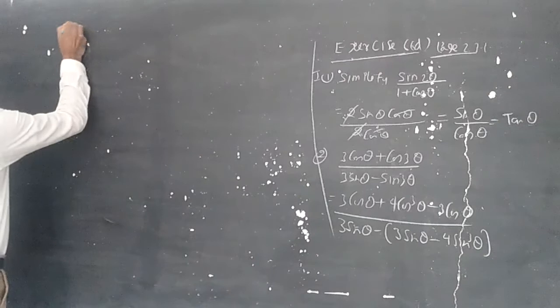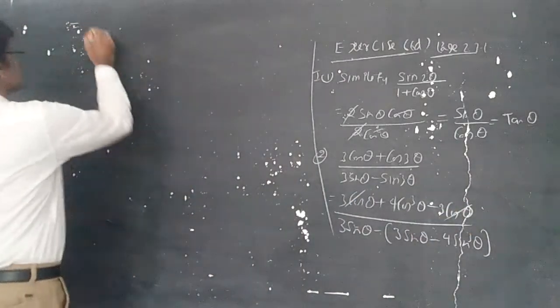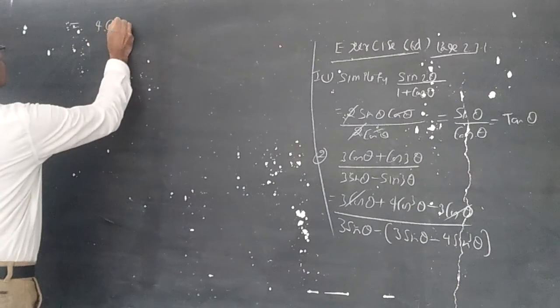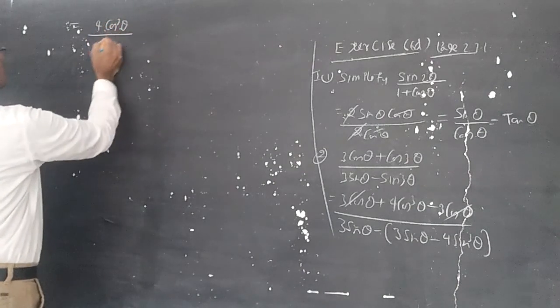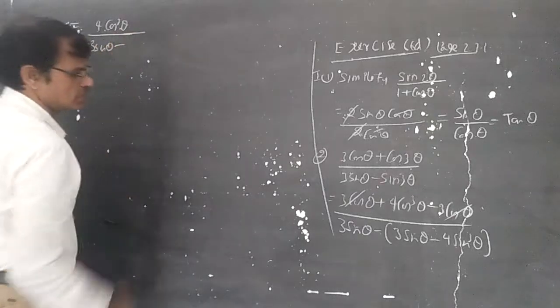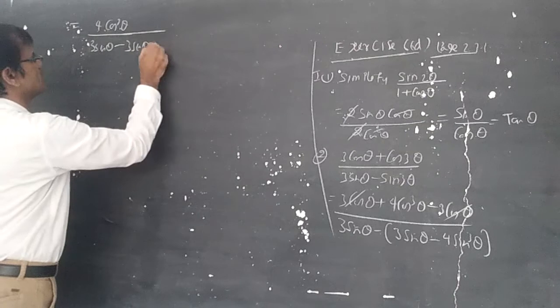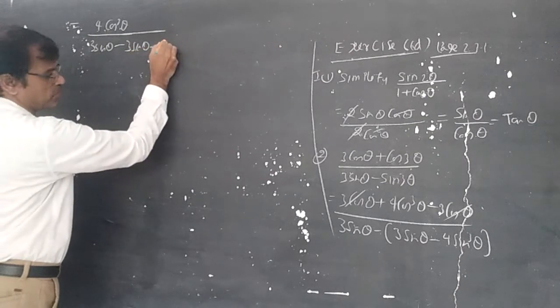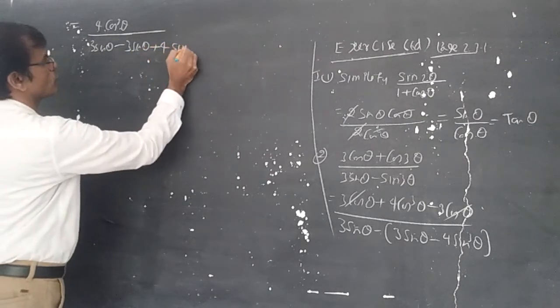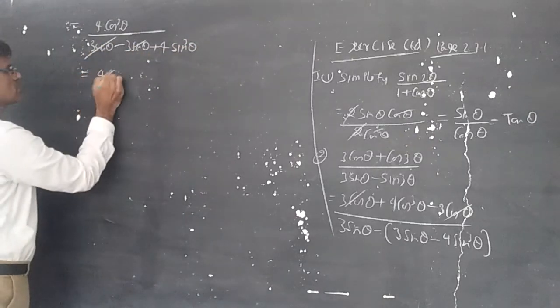Of course, here 3 cos theta gets cancelled. 4 cos cube theta we have in the numerator. In the denominator 3 sin theta minus 3 sin theta, minus of minus becomes plus, this is 4 sin cube theta. 3 sin theta, 3 sin theta get cancelled.